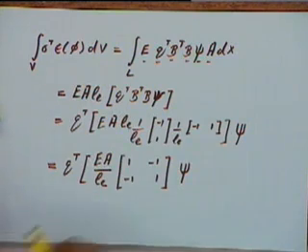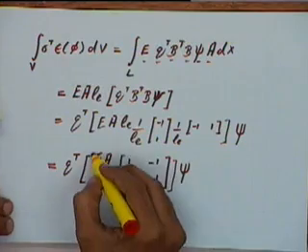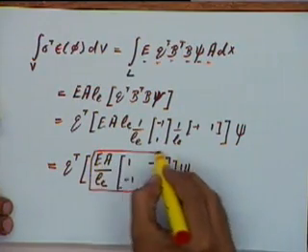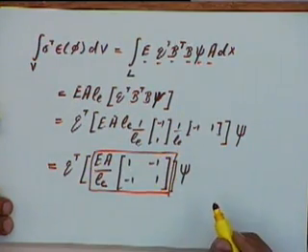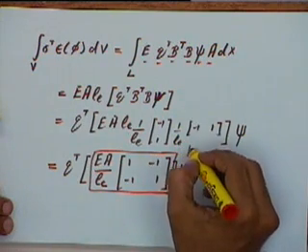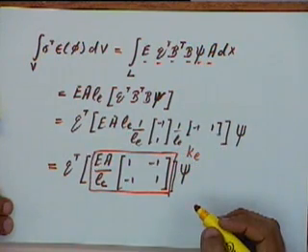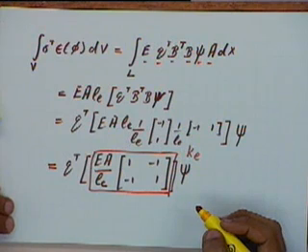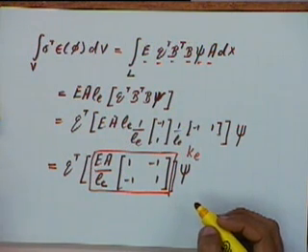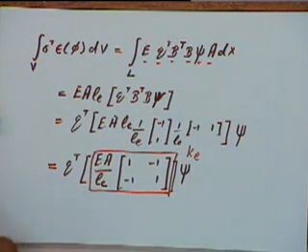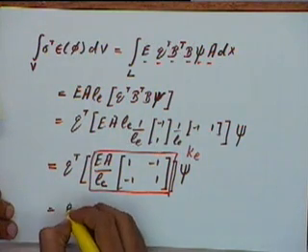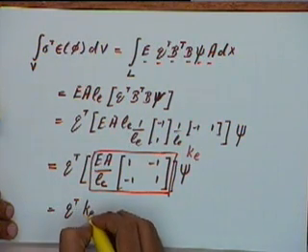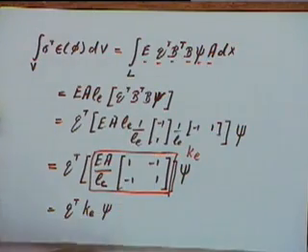Now this expression is the same as the expression for Ke, which is the stiffness matrix. So this will be equal to Q transpose into Ke into psi.